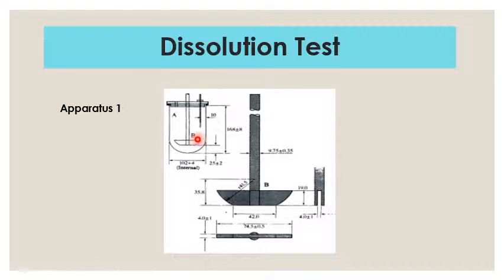The vessel has a flanged upper rim and is fitted with a lid that has a number of openings, one of which is central.